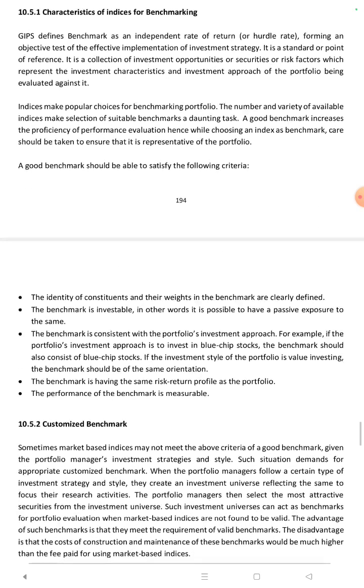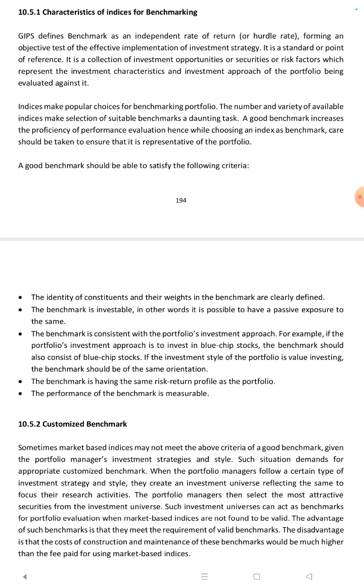Characteristics of indices for benchmarking. Gives defines benchmarks as an independent rate of return or hurdle rate, forming an objective test of the effective implementation of an investment strategy. It is a standard or point of reference.